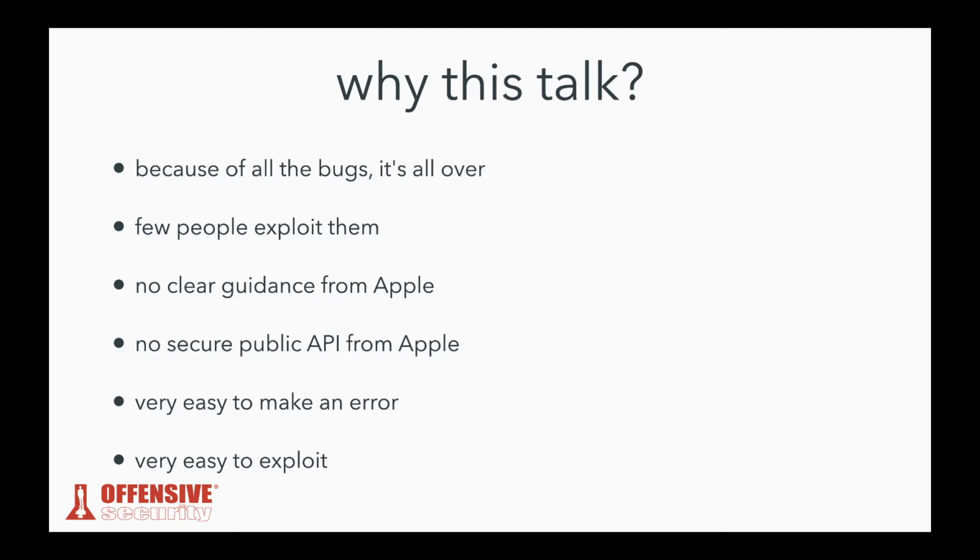But if we use private APIs, for example, you cannot upload your application to the Mac App Store. Also, if that API changes in the future, you need to support and maintain your application. So that's a problem. It's very easy to make an error when making the service, and it's also very easy to exploit.